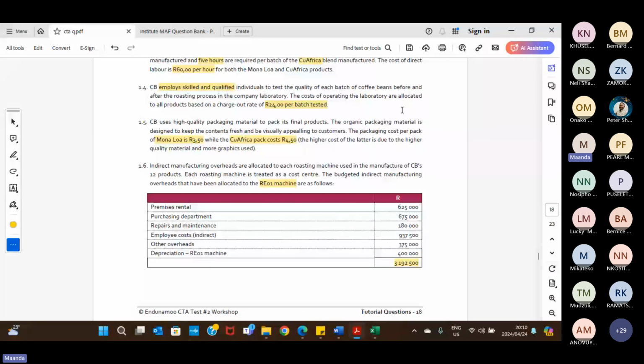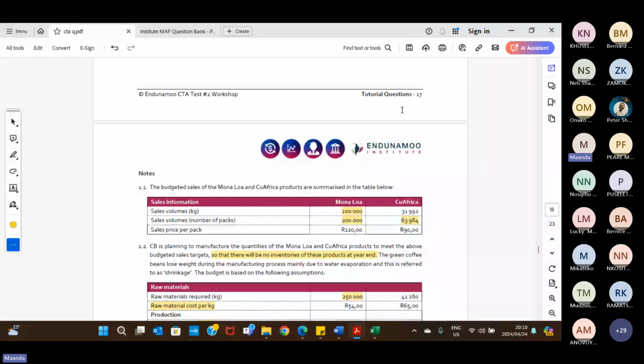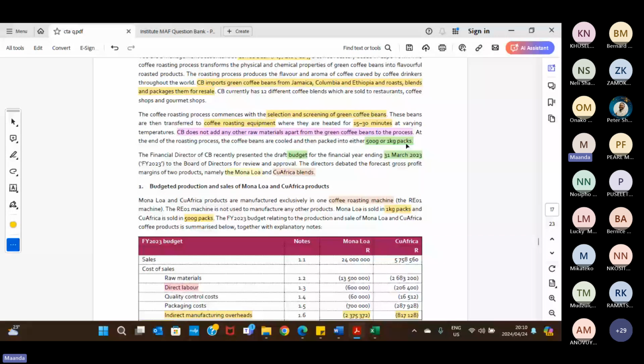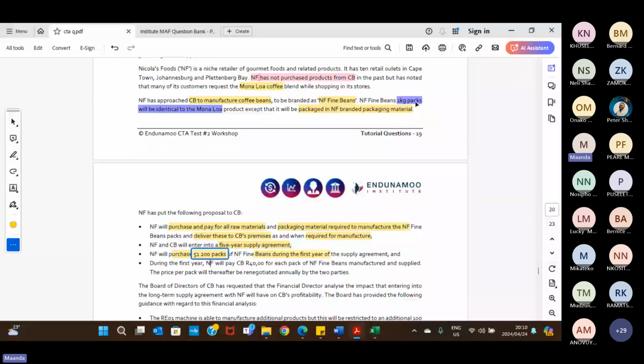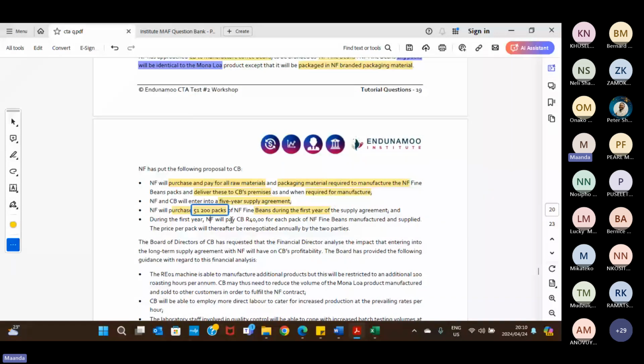Even here, we say we produce 1 kg packs, so a pack is 1 kg. And here we say they're identical as well. So it's 1 kg, meaning that this will be 51,200 kgs that we're taking out. That is then the output.